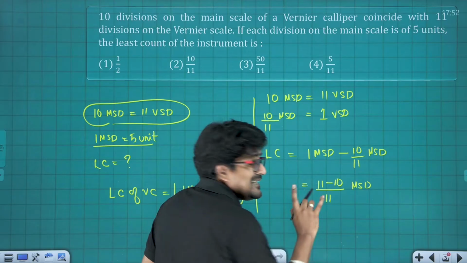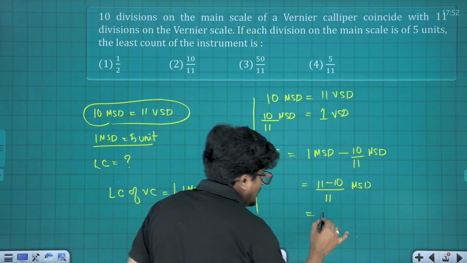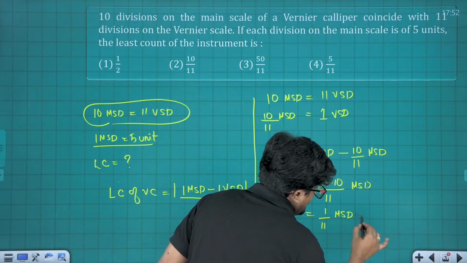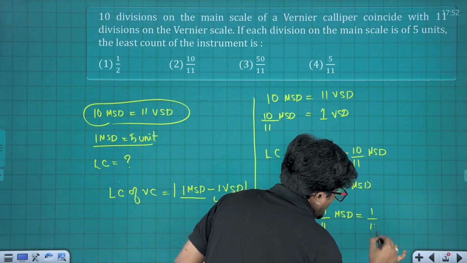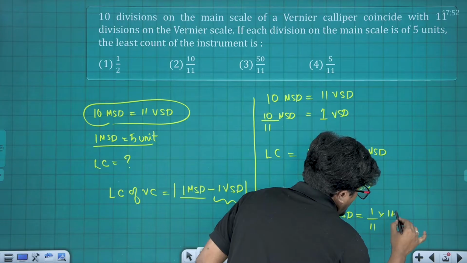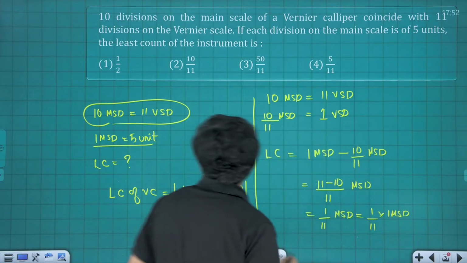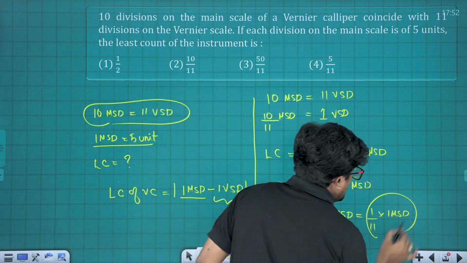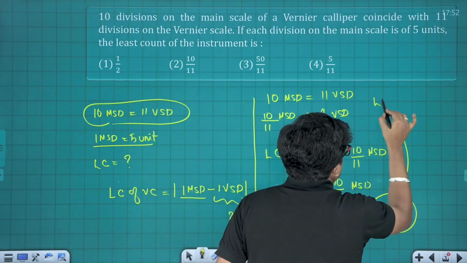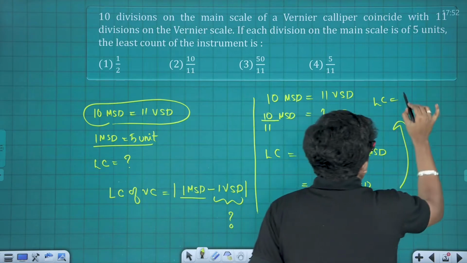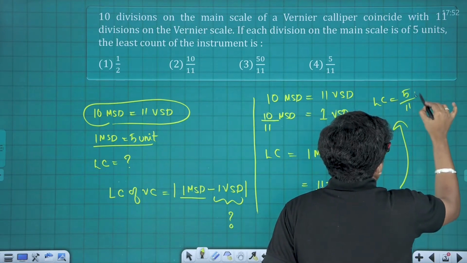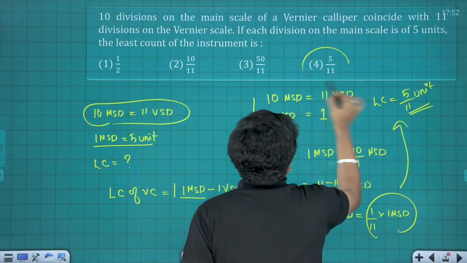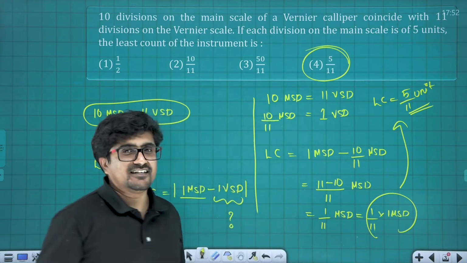That is 11 minus 10, which is of course 1 upon 11 MSD. This is basically 1 upon 11 into 1 MSD. What is 1 MSD? 1 MSD is equal to 5 unit. So here the least count is supposed to be 5 by 11 unit, which means option 4 must be the correct answer in this case.